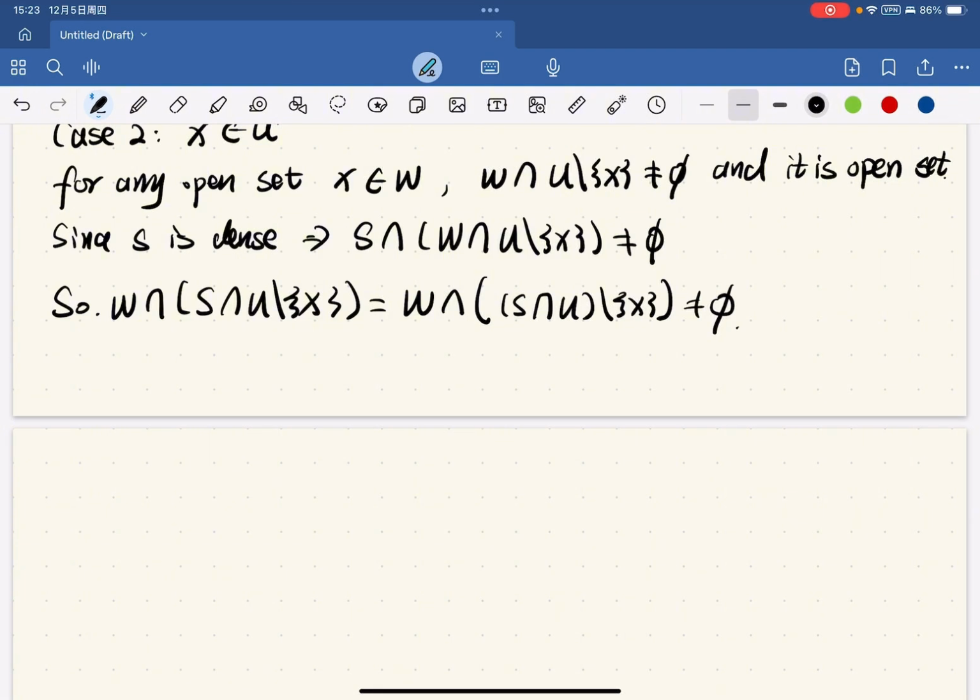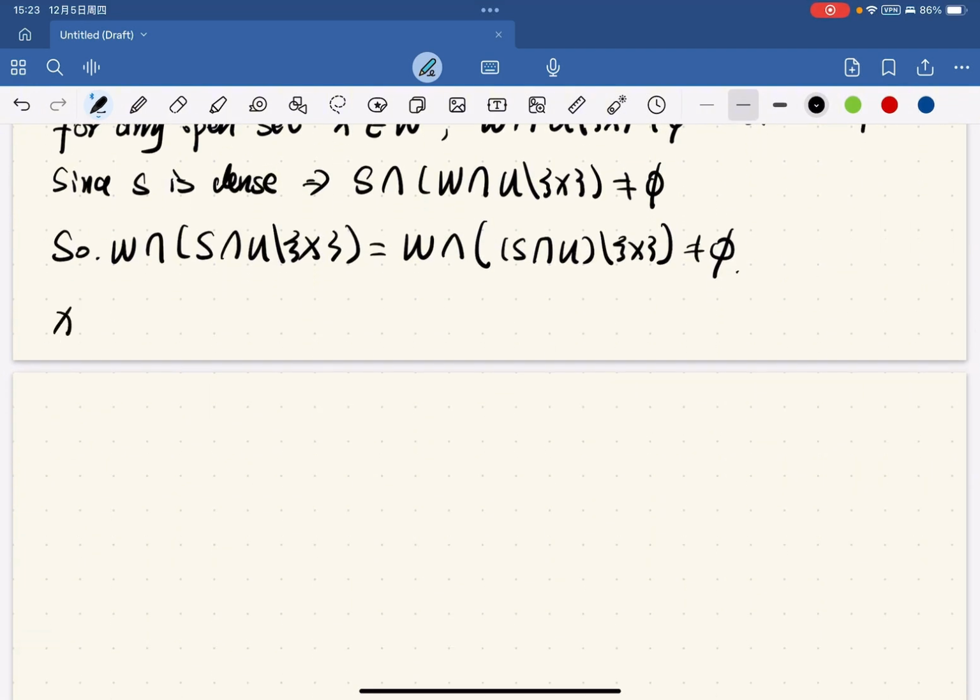According to the definition of limit points, we know x is a limit point of the intersection of S and U.